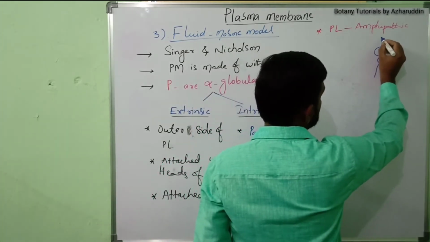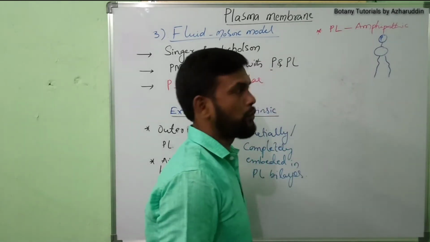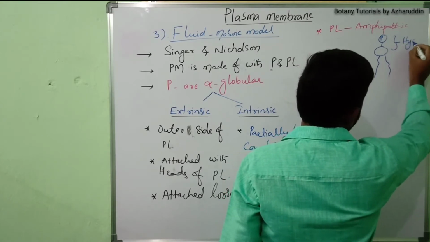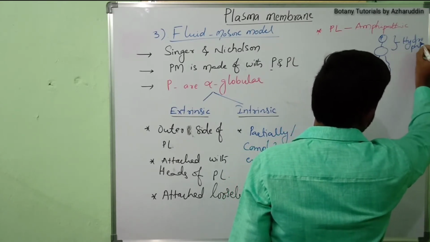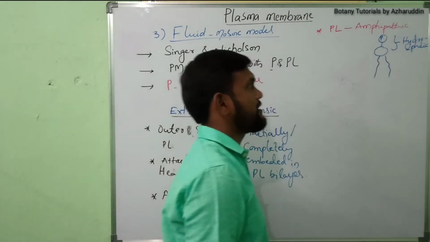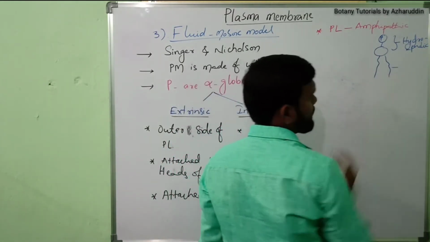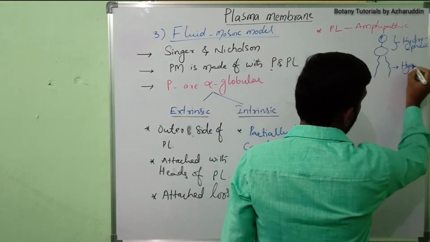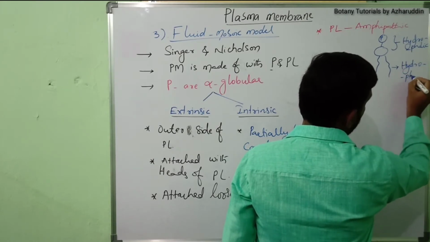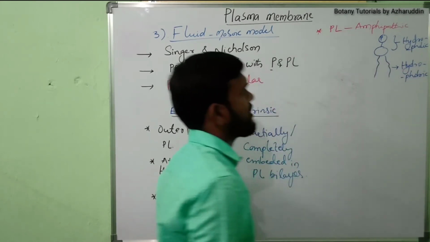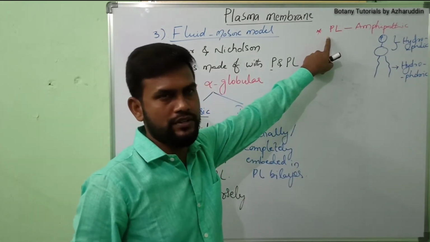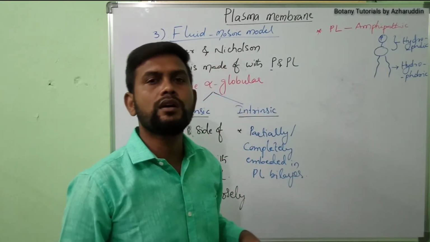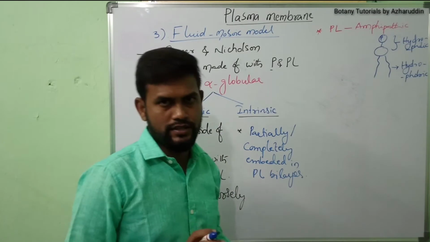This glycerol head is attached with a phosphate group. This head part is hydrophilic in nature, and the tail part is a fatty acid chain, which is hydrophobic in nature. Both these characteristics are exhibited by phospholipids. That's why they are called amphipathic molecules.